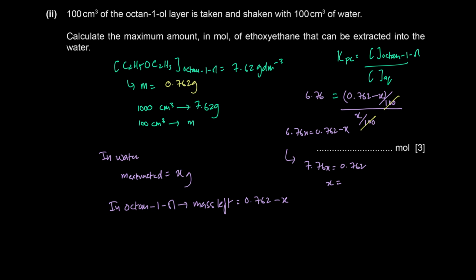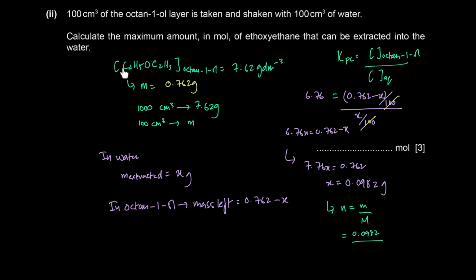And here the mass comes out to 0.0982 grams. So then we want to figure out the number of moles. Number of moles is equal to mass divided by the molar mass. The mass that we have is 0.0982 divided by the molar mass of C2H5OC2H5.